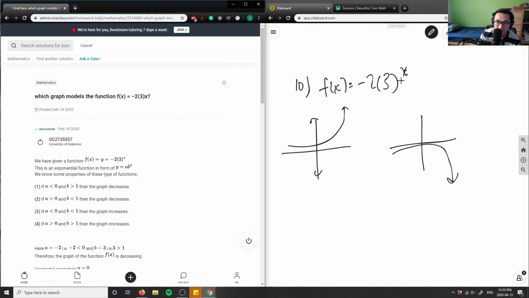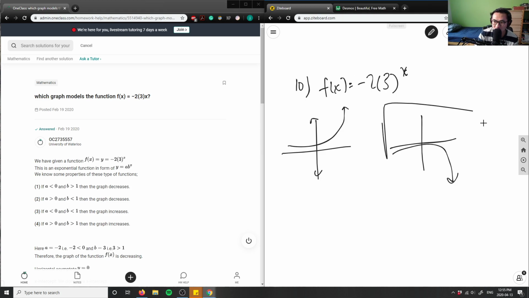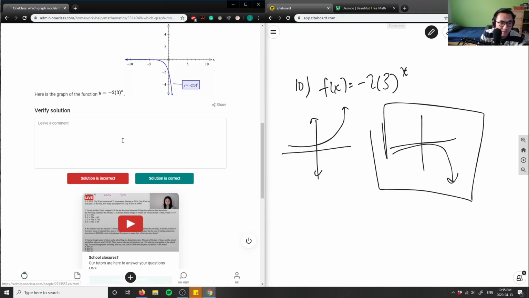The shape looks like this, but again, it's 3 to the power, so the base is different, so it decreases even faster, and there is a 2, so there's a vertical stretch in this transformation. That's my exponential function. It looks something like this if I were to graph it out. But if you're a grade 10 student, you wouldn't know this function. And again, I'm not given the picture, so I can't really answer this question.